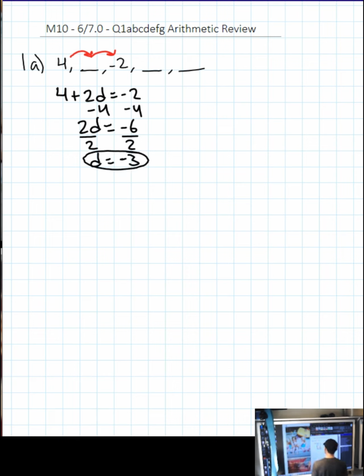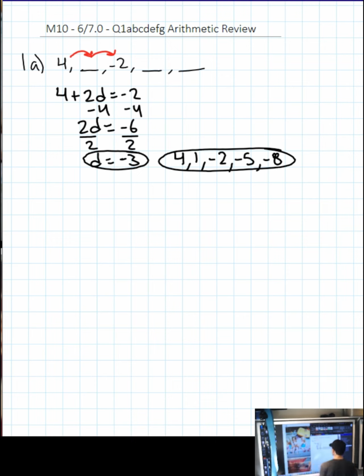So if the difference is -3, then we have the terms 4, and going down by 3, 4 minus 3 is 1, minus 3 is -2, which we got as we expected. That was the goal. Then -5, -8, and there is our sequence.